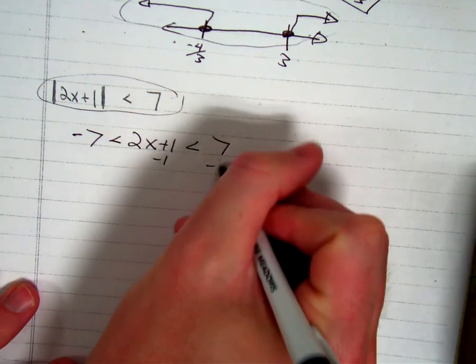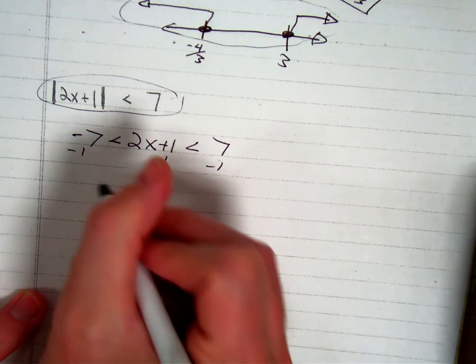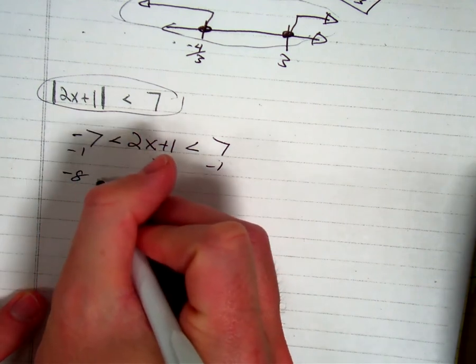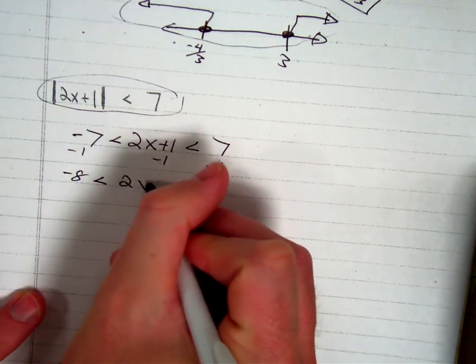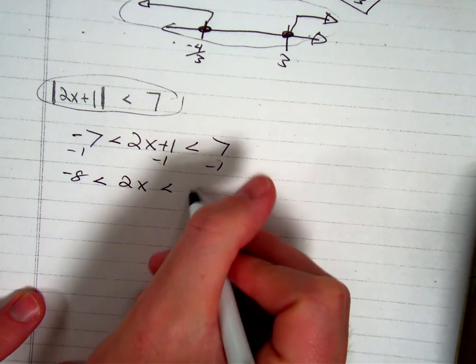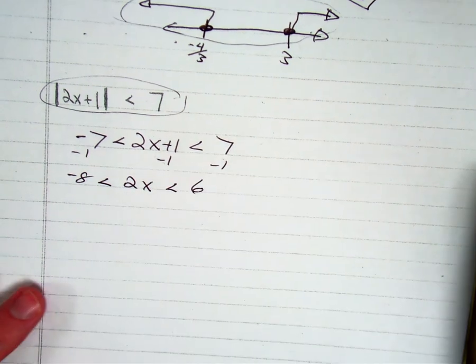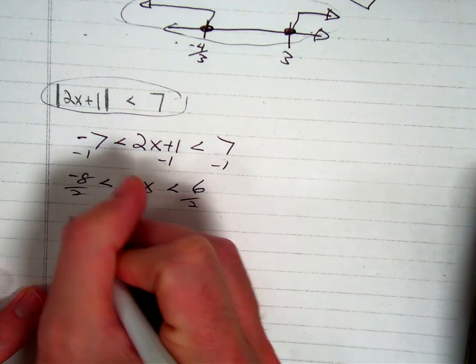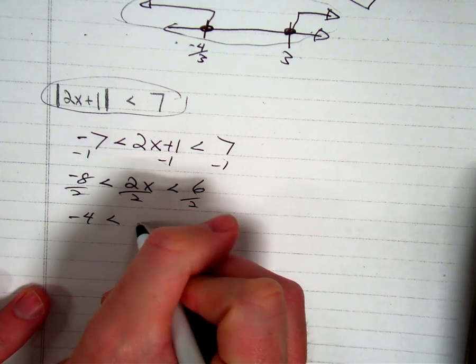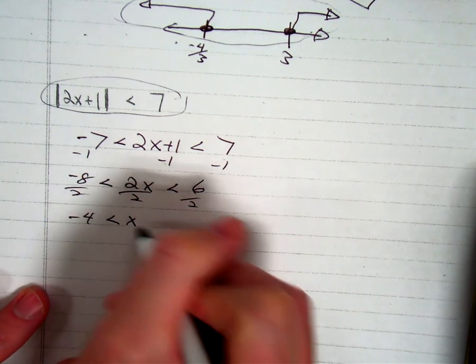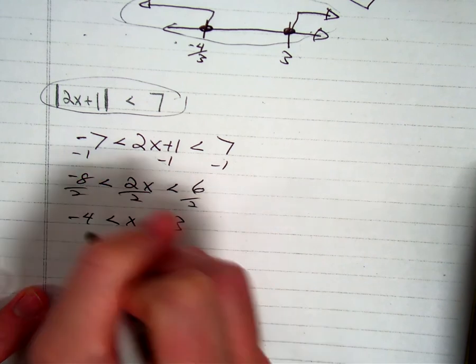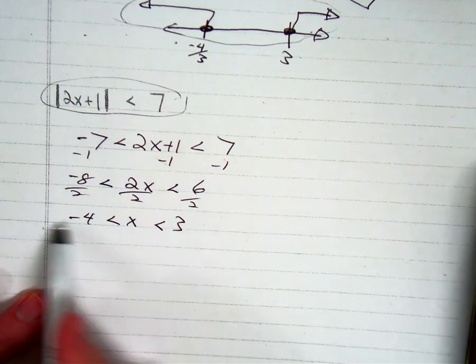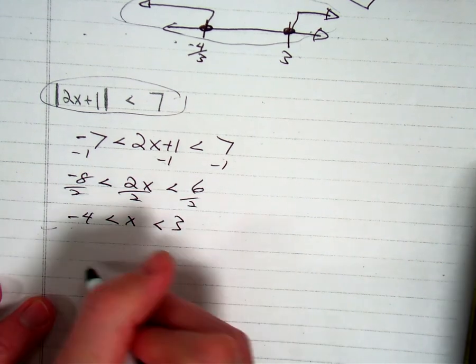Okay, subtract 1 from all 3 parts. Okay, divide by 2 on all 3 parts. And there we are.